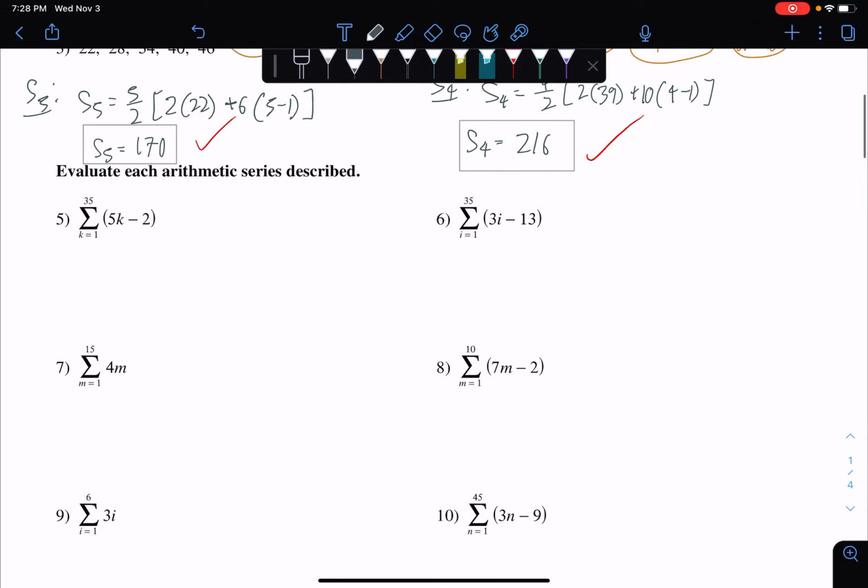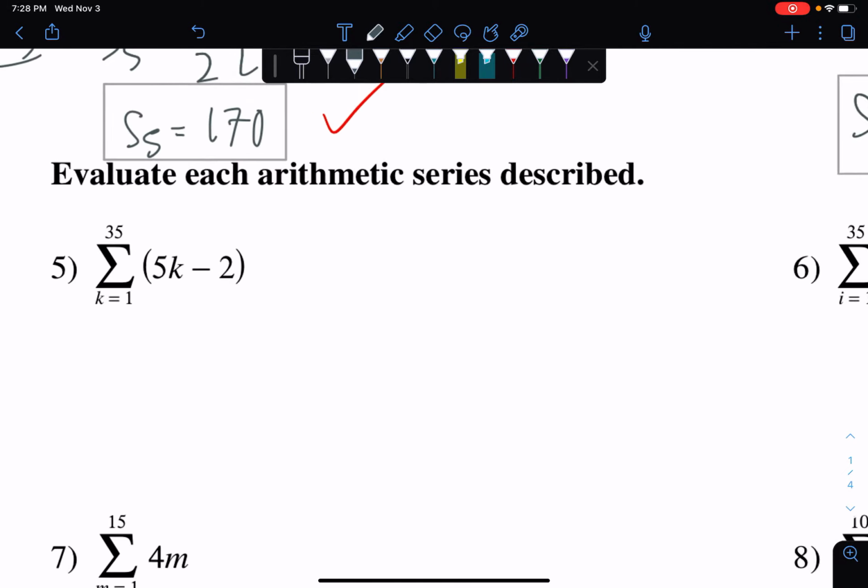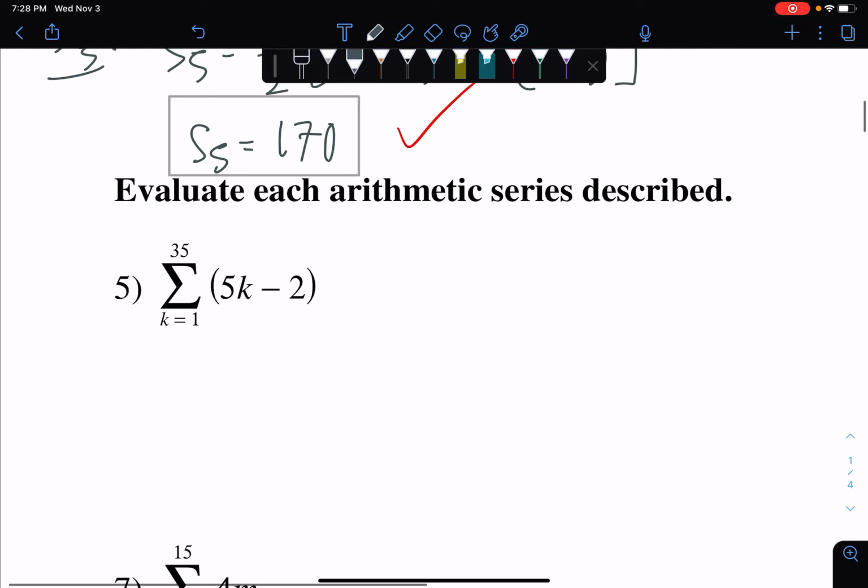Let's move on. The instruction says, evaluate each arithmetic series described. Let's just zoom in for number 5. My strategy for this, you can also follow with me: we have to find first a sub n and a sub 1.